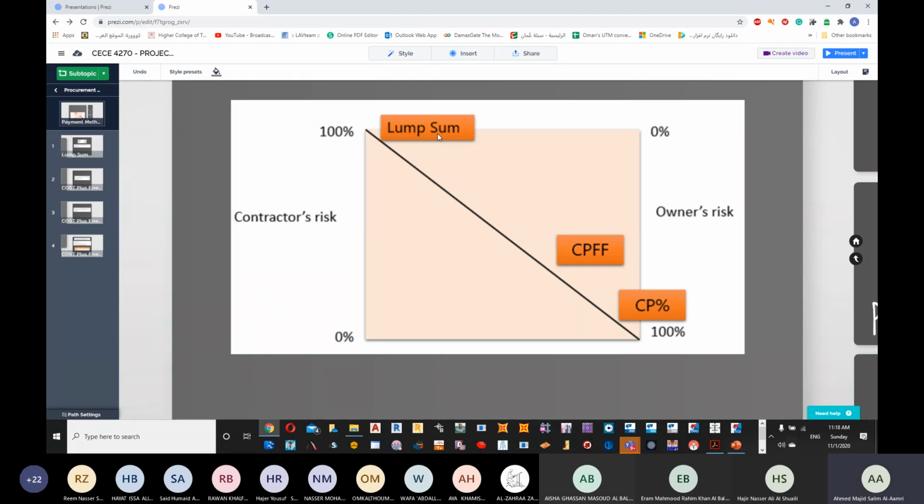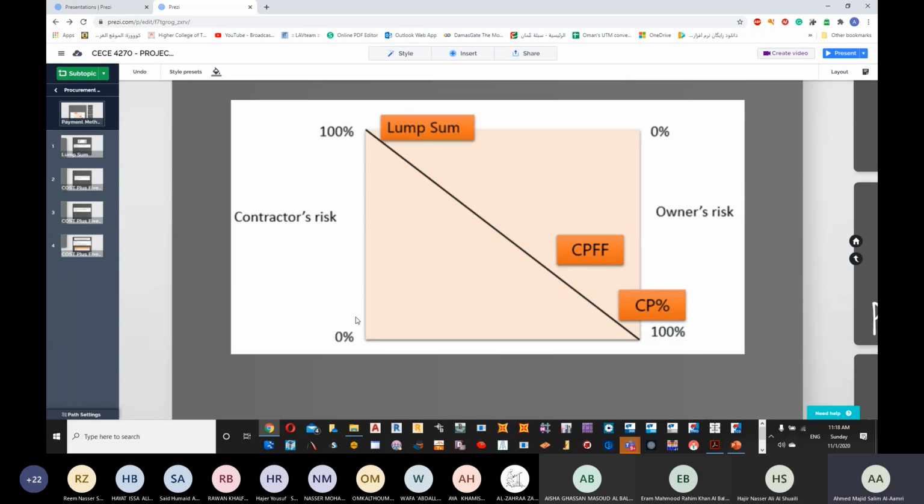And then we have cost plus fixed fee, where the risk is a little bit more with the owner and somehow less on the contractor. And then we have cost plus percentage as well, where the owner is having the maximum risk and the contractor is having lesser risks.